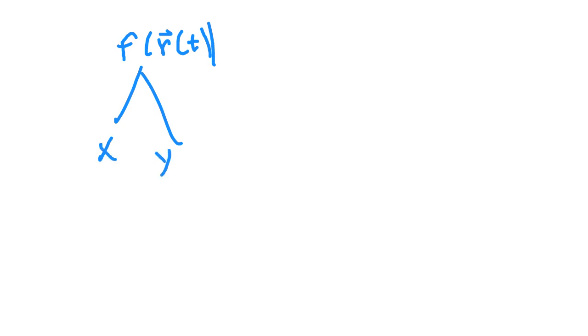If you have a function f of r of t, let's just do it with 2 variables. The function is itself a function of x and y, but then x and y are themselves functions of time.